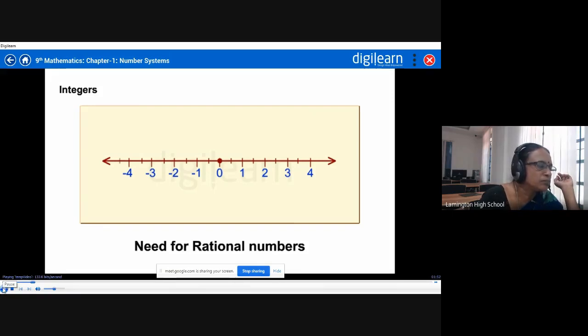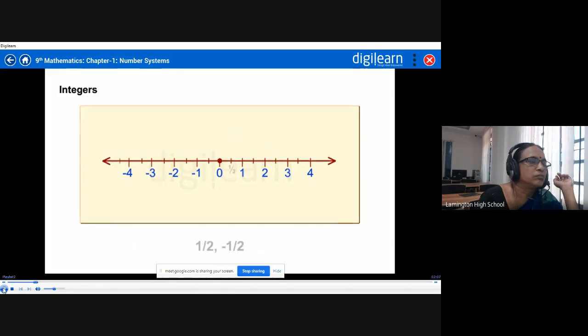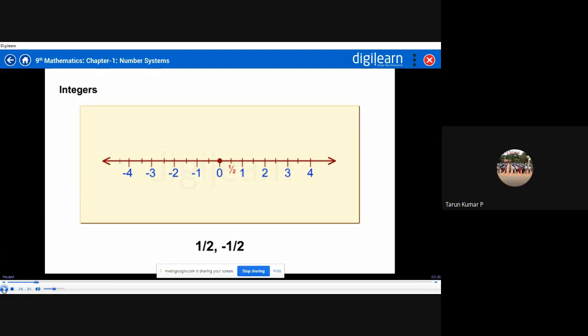Even though the integers are infinite, they fail to identify every point on the number line. Here you are observing the number line: 0, 1, 2, 3, 4, minus 1, minus 2, minus 3, minus 4.